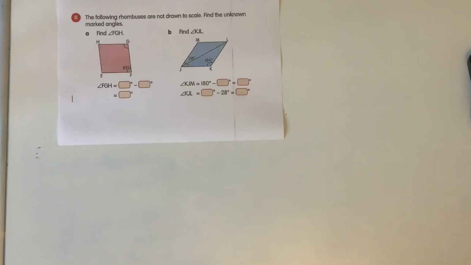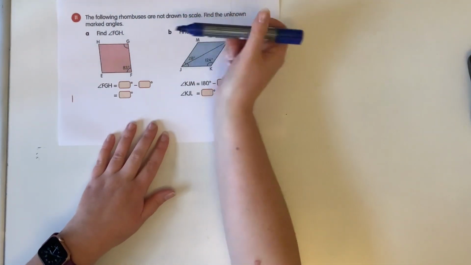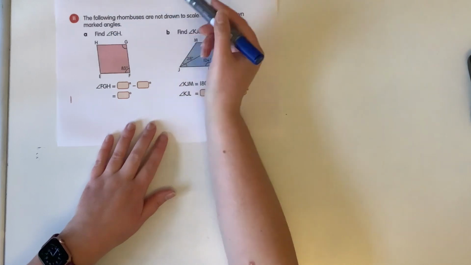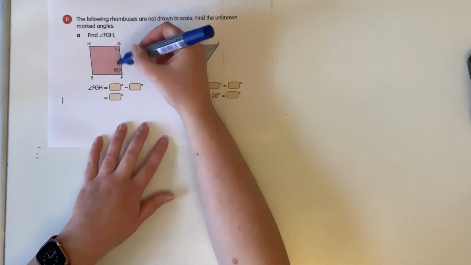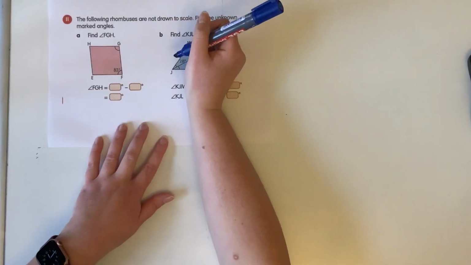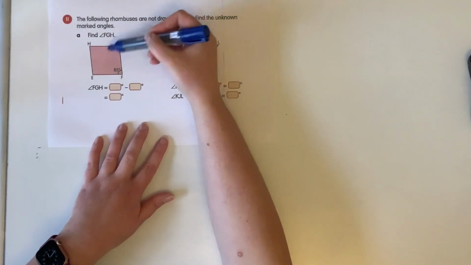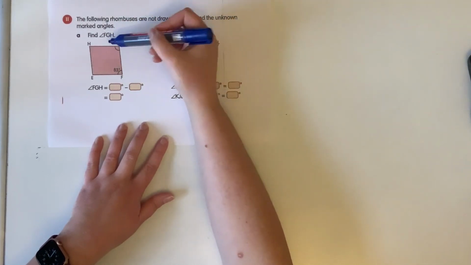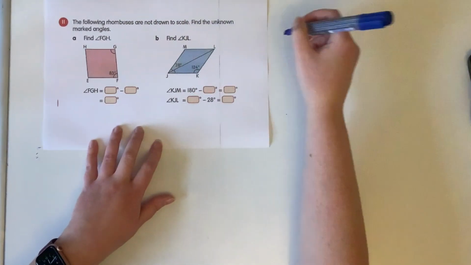Find the unmarked angles. So in this rhombus here, I need to find the angle FGH, which is this angle here. I'm told that this angle, EFG, measures 83 degrees. And what I can use is the fact that the pairs of angles on opposite parallel sides add up to 180 degrees.